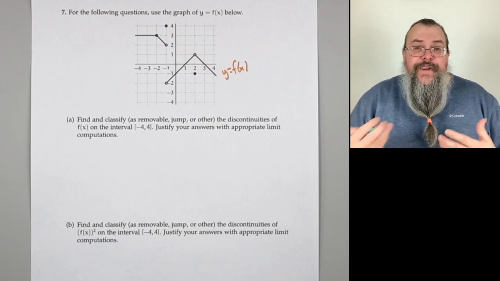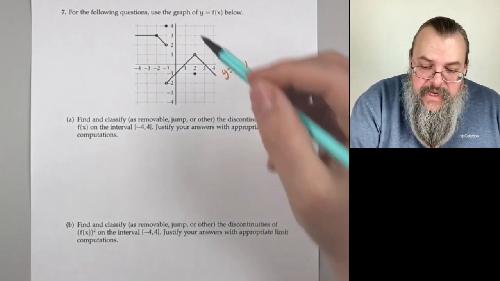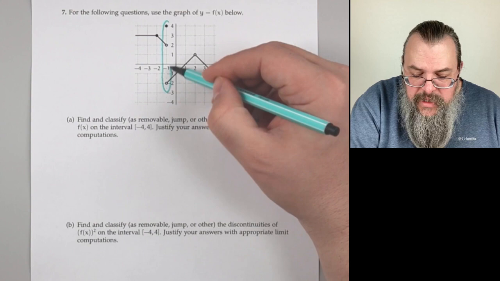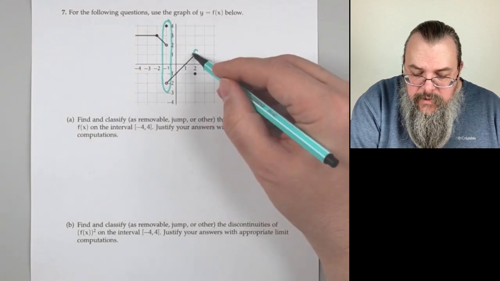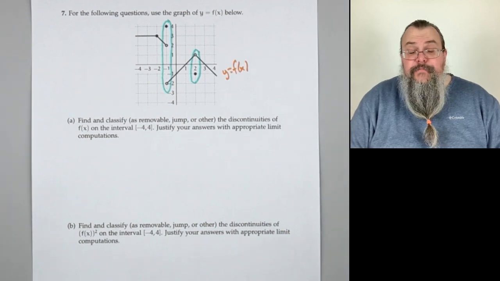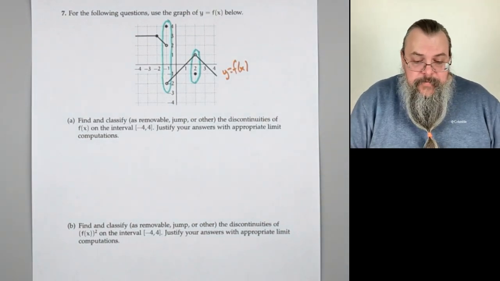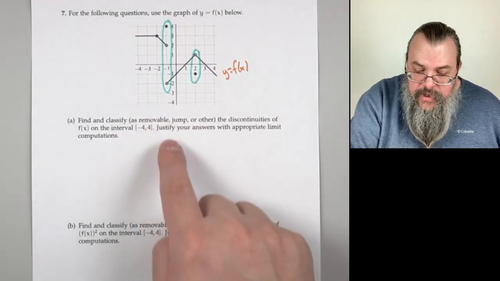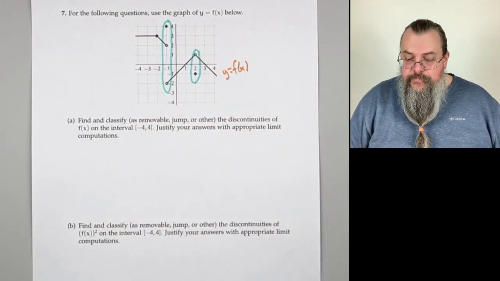Or you could say, well, you have to lift your pencil. And looking at the picture, we say, well, the only places where you really have to lift your pencil are at those two locations. Everything else, life is good. So we say, okay, so we have two candidates at -1 and at +2.